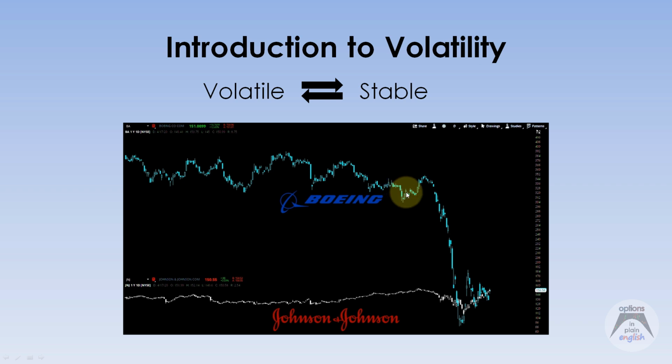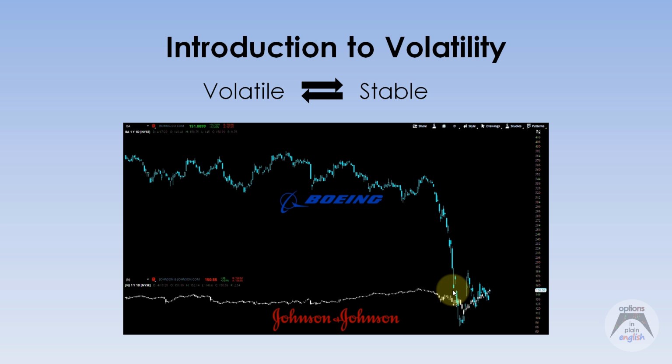That's why they're accurate when we compare them one to one. So right away, if we were thinking about something being volatile and something else being stable, we could say that Boeing is a volatile stock and Johnson & Johnson is a stable stock.